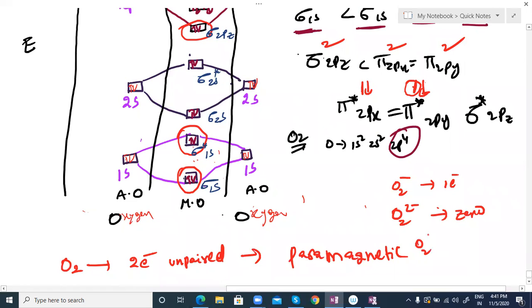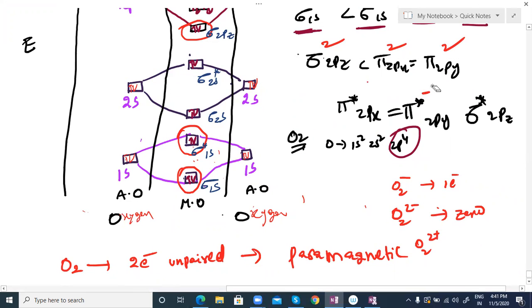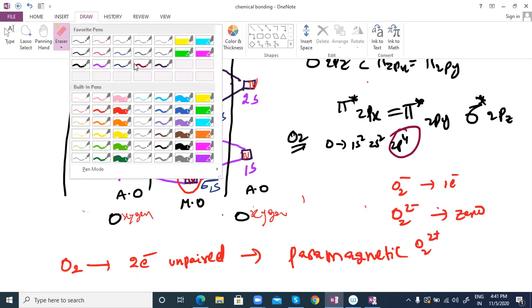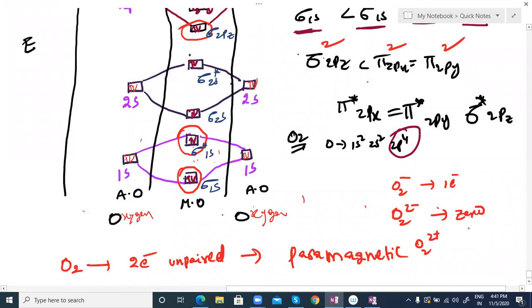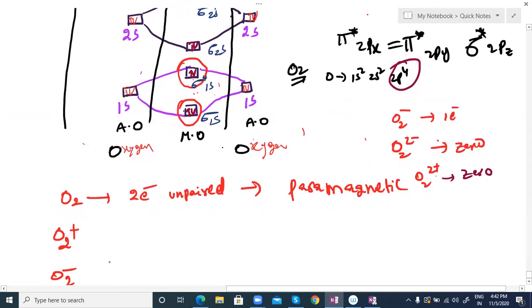O2 2 plus means you need to remove 2 electrons from here, so no unpaired electrons. That is O2 2 plus. So what you can find out, always think about the last shell electrons. If plus, you have to remove electrons; 0 unpaired electrons means diamagnetic.